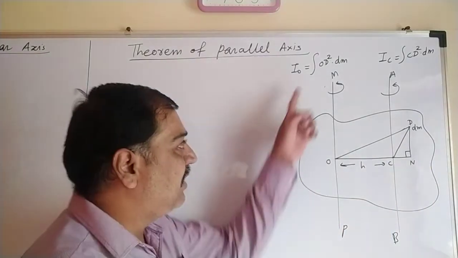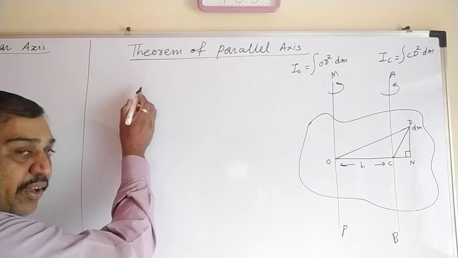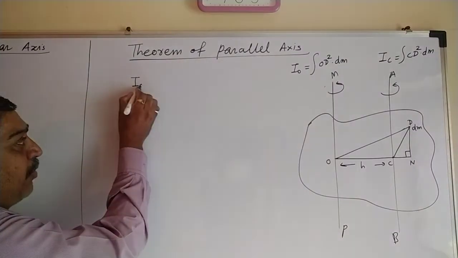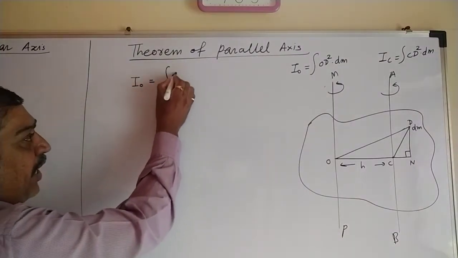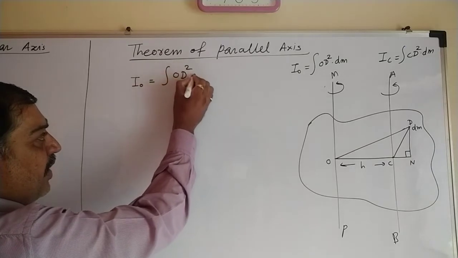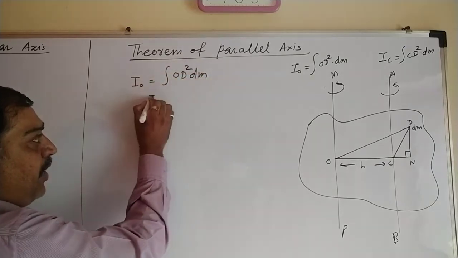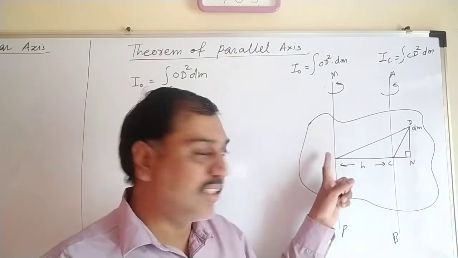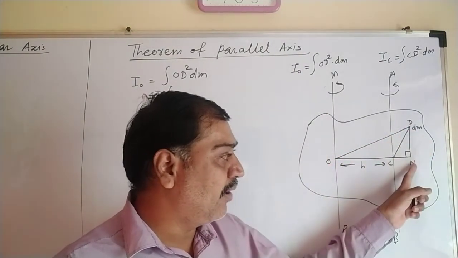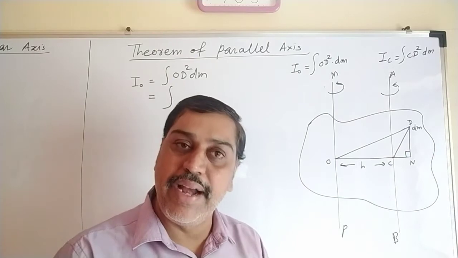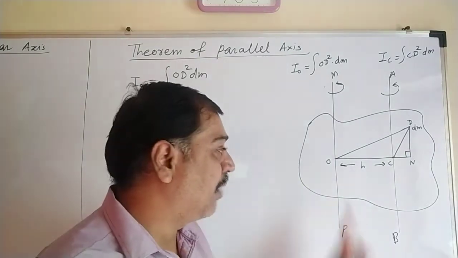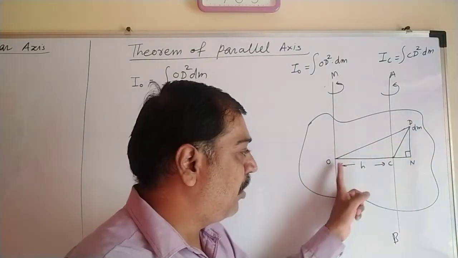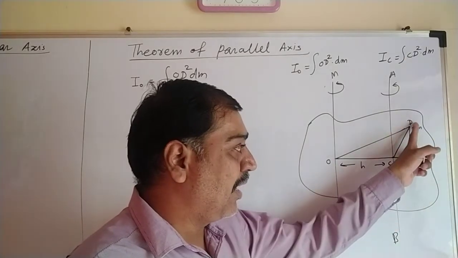Now we can write this equation as I suffix 0 equal to integration of OD square dm. Here, integration of OD square means this. If we consider triangle ODN, it is nothing but a right-angled triangle, so we can use the Pythagoras theorem: hypotenuse square equals side square plus side square.